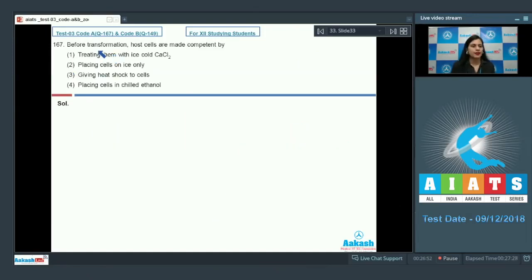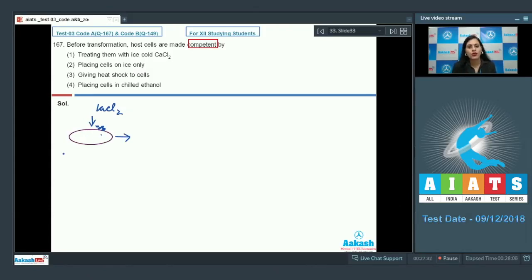Question number 167. Before transformation, host cells are made competent by. So what are competent cells? Competent cells are those cells ready to take up foreign DNA efficiently. During transformation, we first treat the cells with calcium chloride, and this will allow the deposition of plasmids on the surface of host cells and thereby increase the chances of entry of this foreign DNA into the cell.